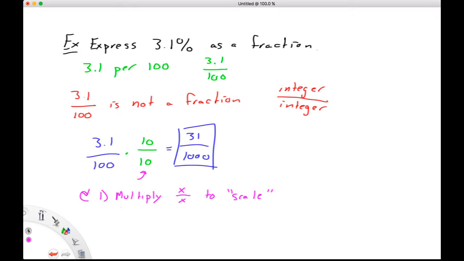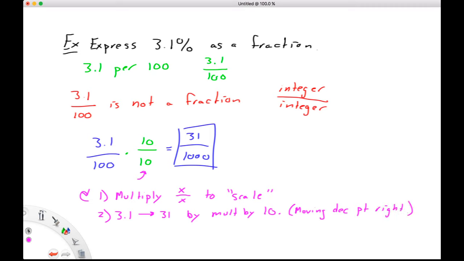We are going from 3.1 to 31 by multiplying by 10. Right? We talked about multiplying by powers of 10 a lot when we talked about scientific notation. Multiplying by 10 is equivalent to moving the decimal point right.